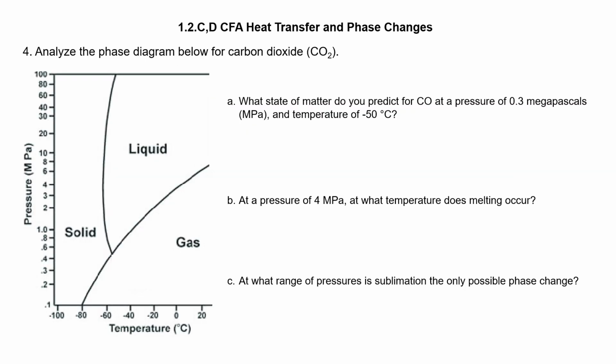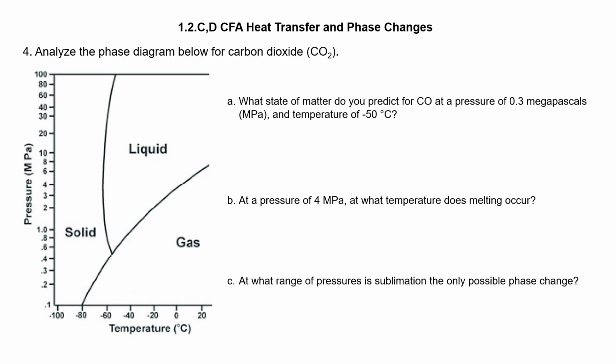Question 4. This is a relatively new concept for us, but we can figure this part out fairly easily. Analyze the phase diagram below for carbon dioxide. What state of matter do you predict at a pressure of 0.3 megapascals and a temperature of negative 50 degrees Celsius? So let's just go ahead and mark where we think that might be on our graph.